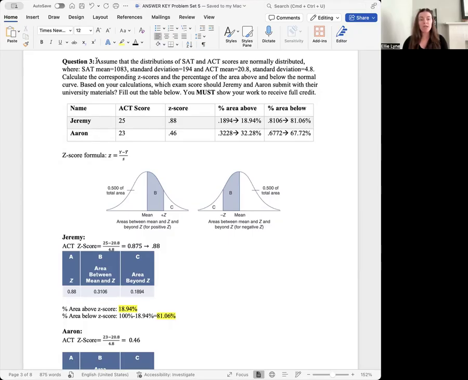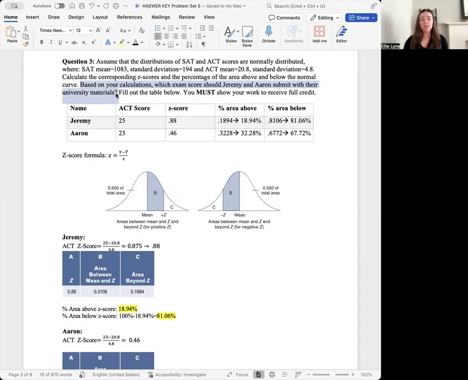Calculate the corresponding z-scores and the percentage of the area above and below the normal curve. Based on your calculations, which exam score should Jeremy and Aaron submit with their university materials? Fill out the table below. You must show your work to receive full credit. So definitely the element within the directions itself that was most missed was this statement here.